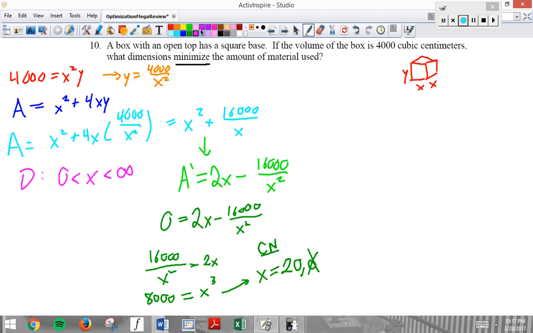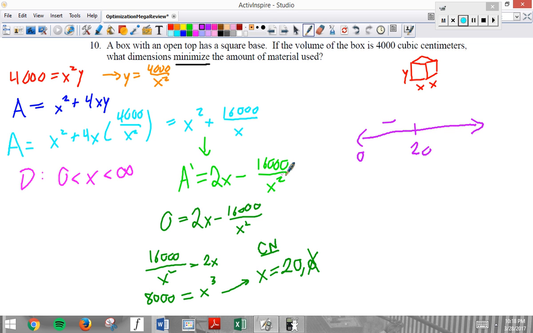Number line time. 0 to infinity. 20 in the middle. 1's over here. I don't know. A million's over here.